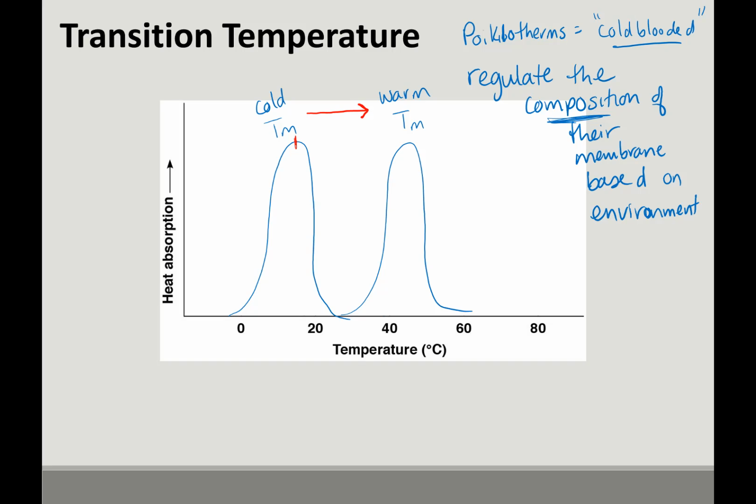So to keep your fluid mosaic state, one of the things it could do is decrease the number of carbon-carbon double bonds, because more carbon-carbon double bonds puts more kinks and makes you have a lower transition temperature.